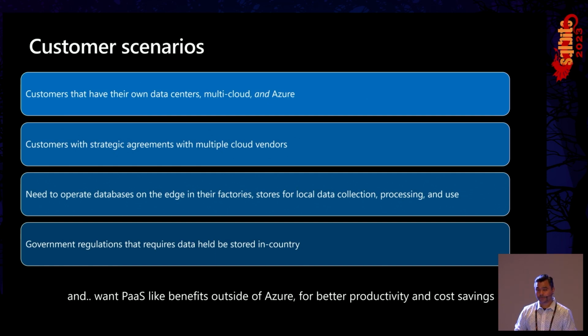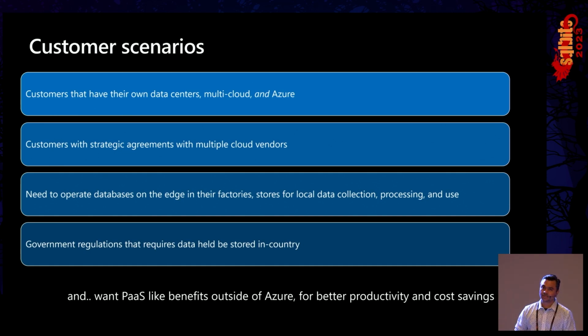Or you want to operate in edge locations where there is no connectivity to Azure, right? Or you have to have your applications running locally, for example, factories, right? Or you want to go to Azure, but there is no Azure data center available in your region. In a lot of the Middle East and East regions, we don't have Azure data centers.